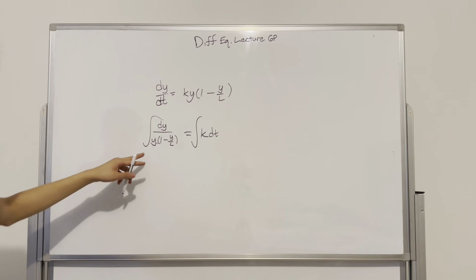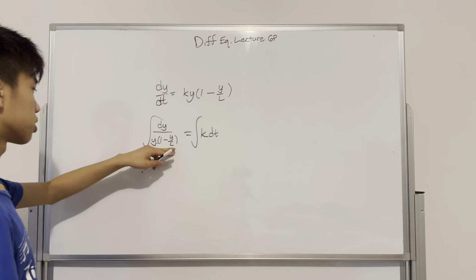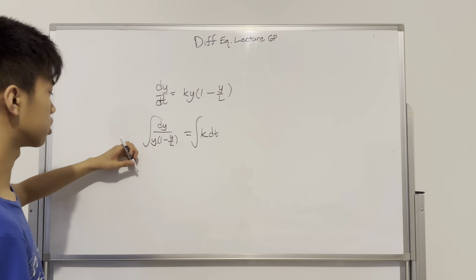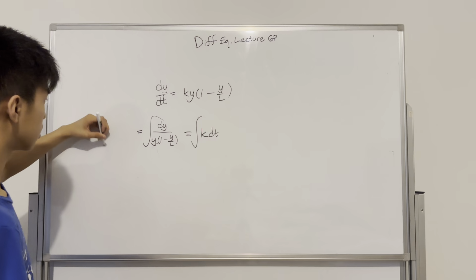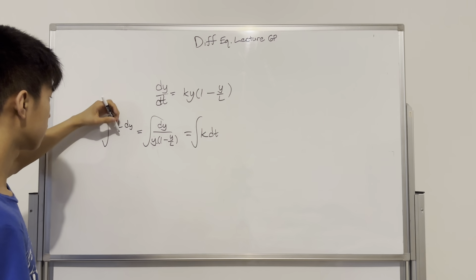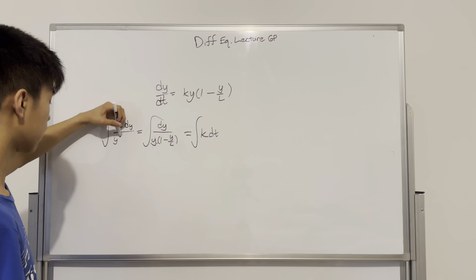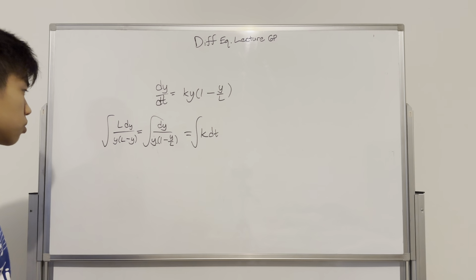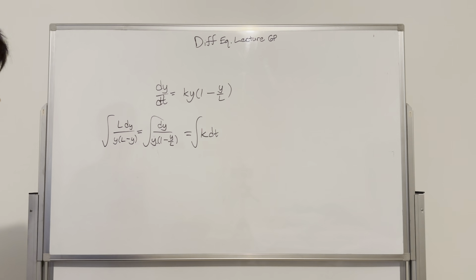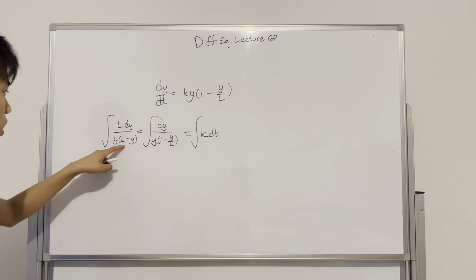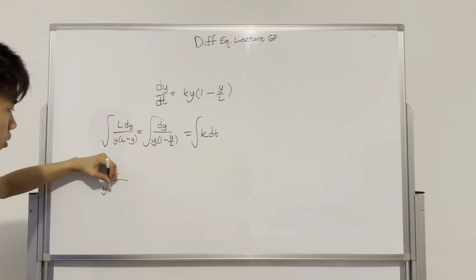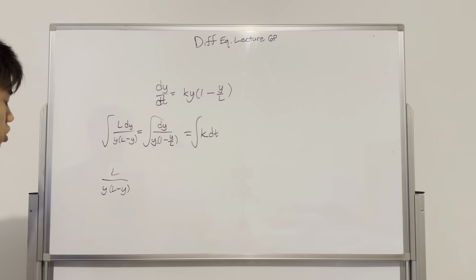First of all, let me just multiply everything by L so it's easier. So this is L dy over y times (L minus y). We can do that algebraically. Now we want to decompose this using partial fraction decomposition.